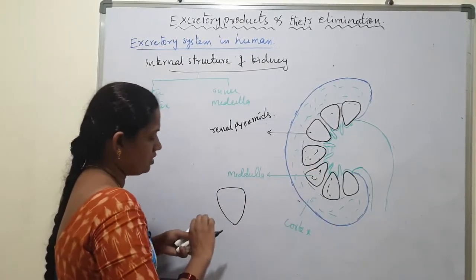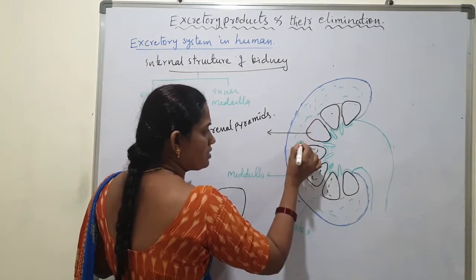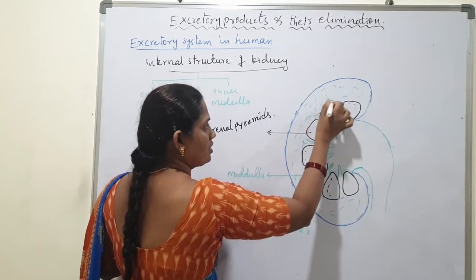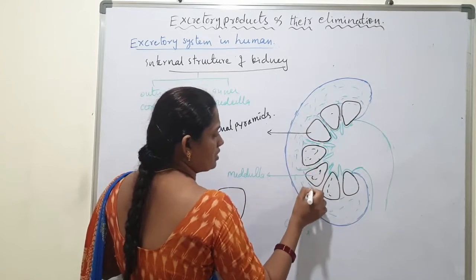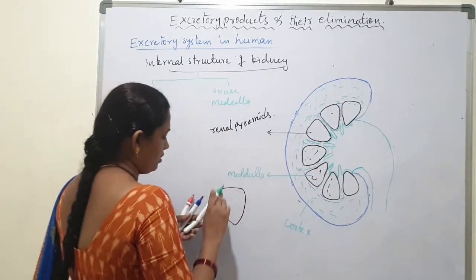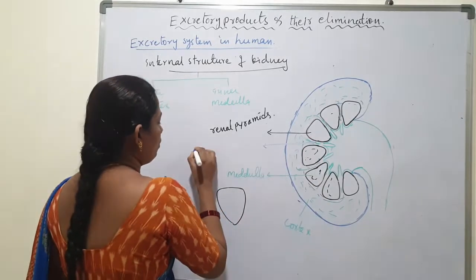Next, in between the renal pyramids there is space, and here the cortex is extended into this space. The cortex is extended in between the renal pyramids.